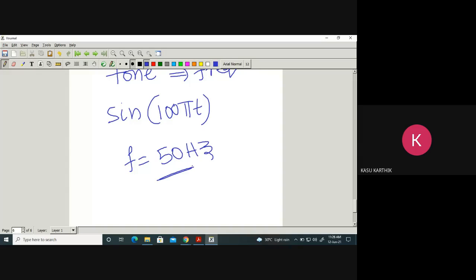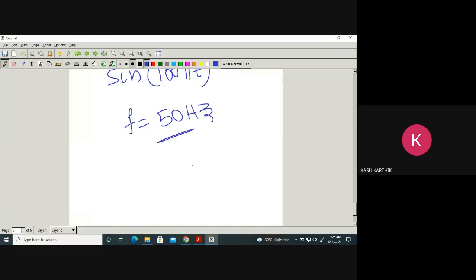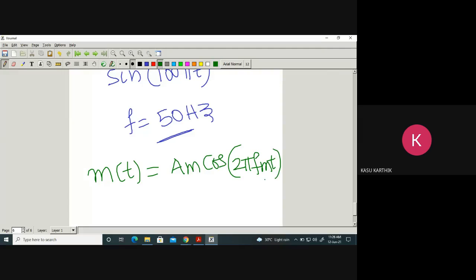That's it. Now, single tone AM means we take m of t, the message signal, as Am cos 2 pi fm t. If the message signal happens to be a cos function, then it is called single tone AM. Why?